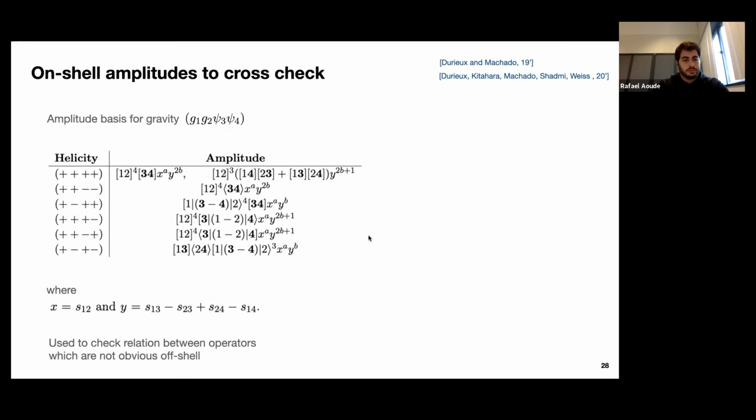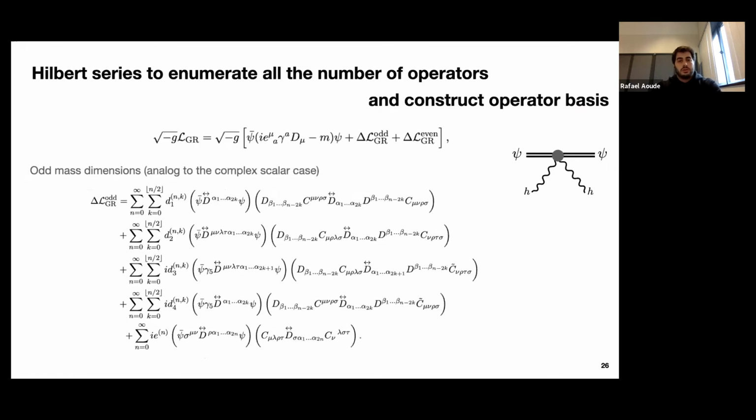And of course, as you're placing a lot of derivatives, you start to enter the Mandelstam invariants. So this was used to guide us on how to construct the action, because the off-shell relations are sometimes not obvious.